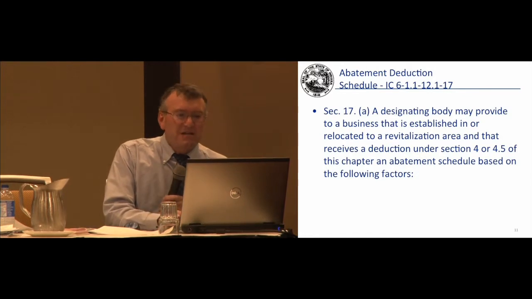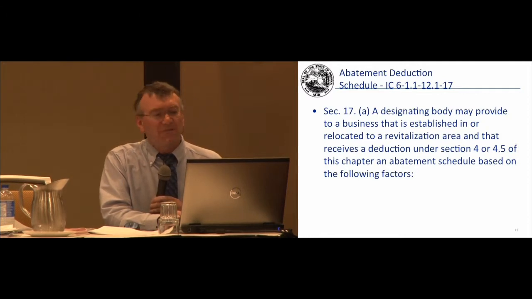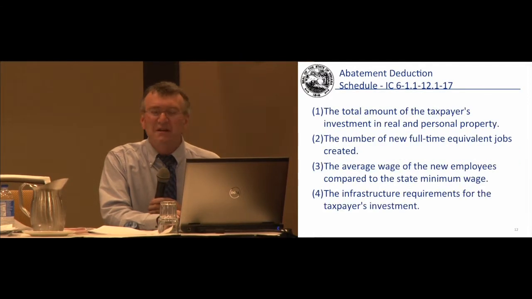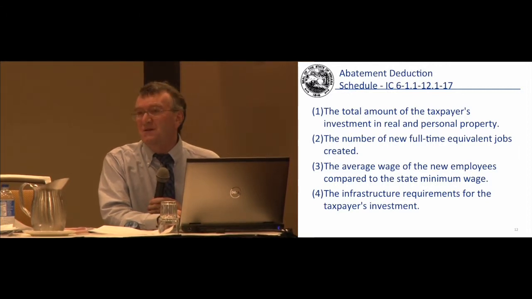So basically, the designating body is going to establish that set of percentages on the following factors. They're going to look at the total amount of the investment. They're going to look at how many jobs are being created. They're going to look at the wages or salaries being paid. And they're going to look at infrastructure requirements.